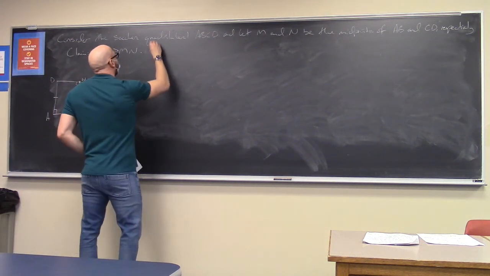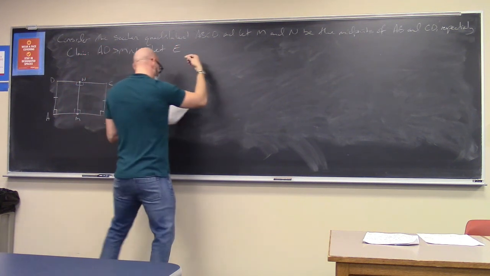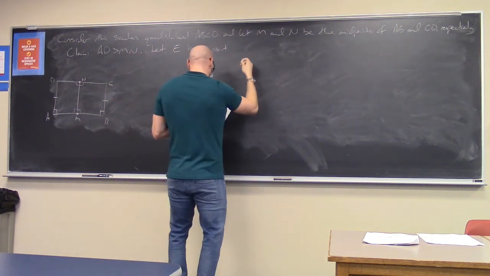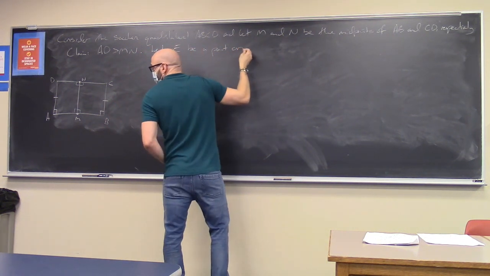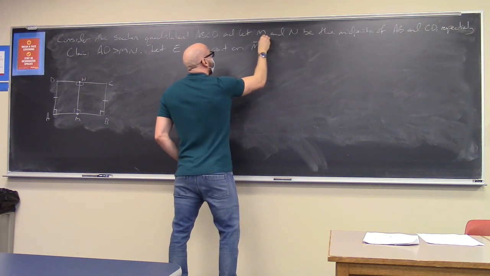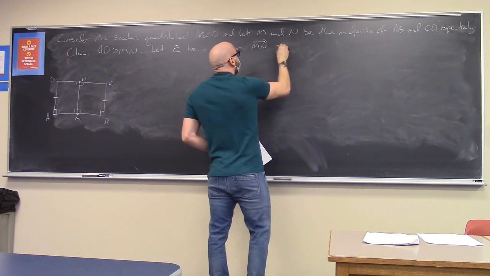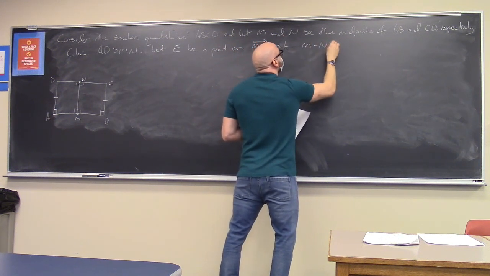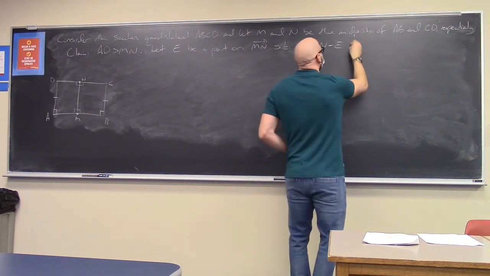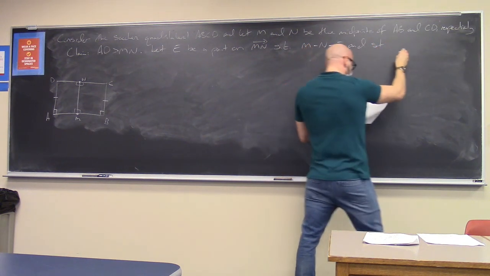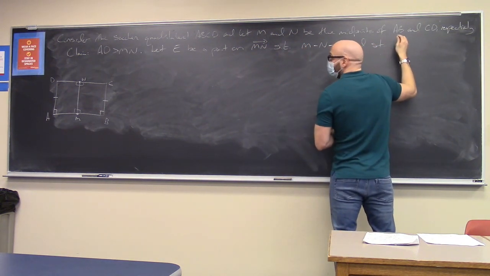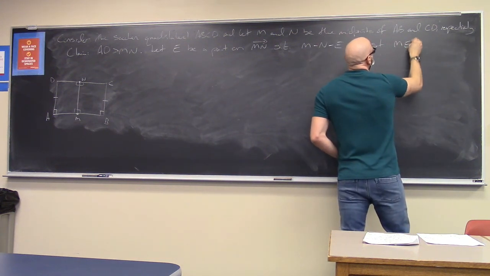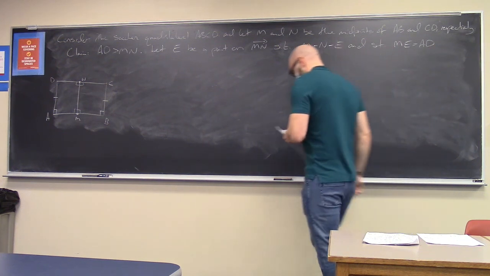All right, so let E be a point on this extended ray MN such that M, then N, then E, and such that ME is equal to AD.